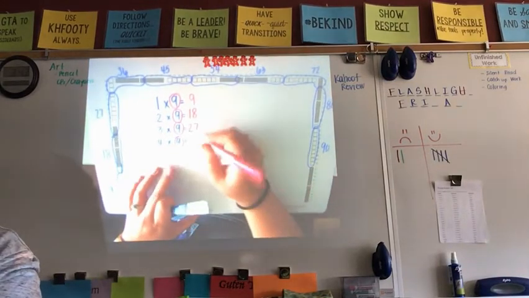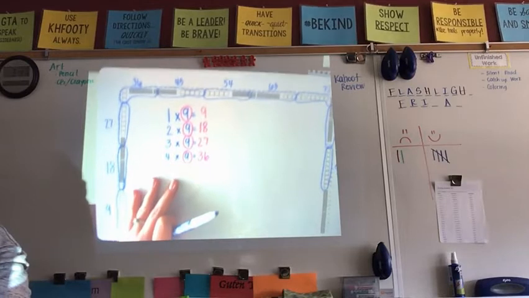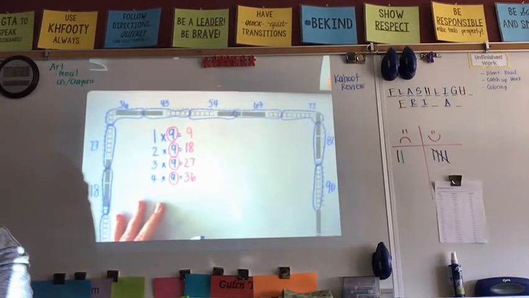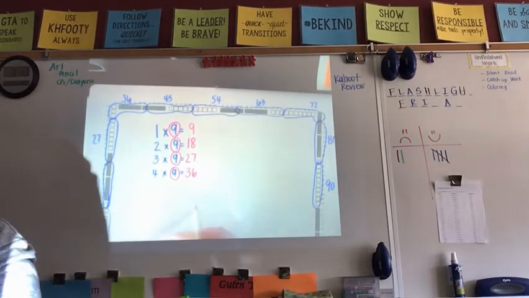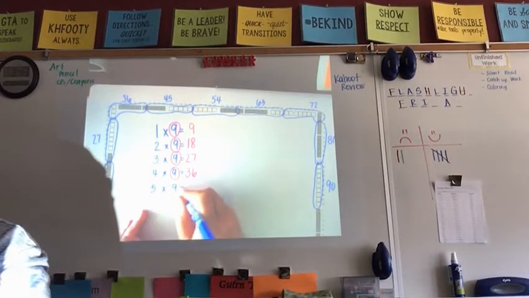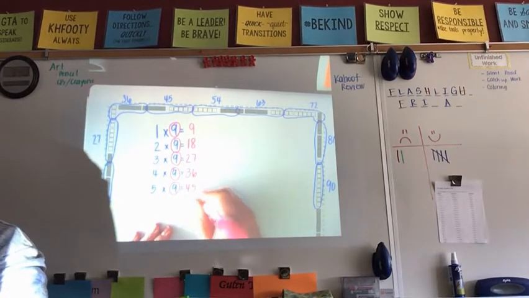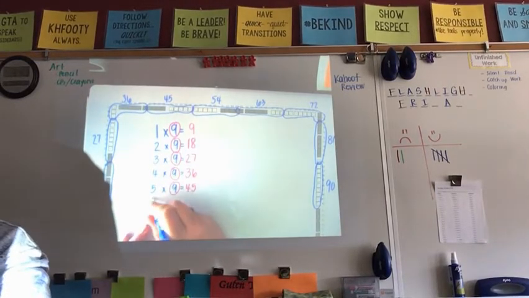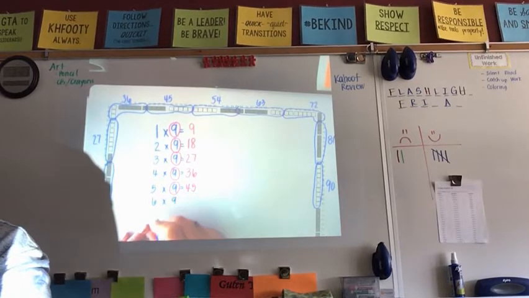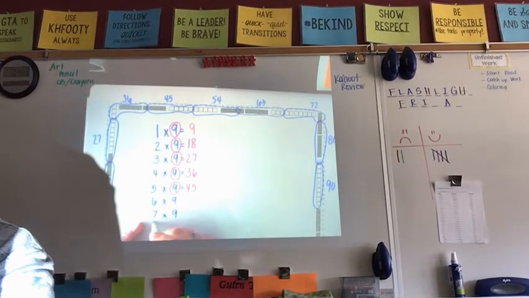Good. 36. 5 groups of 9 equals 45. 6 groups of 9, 7. Go ahead and keep listing these all the way up until 10 groups of 9.